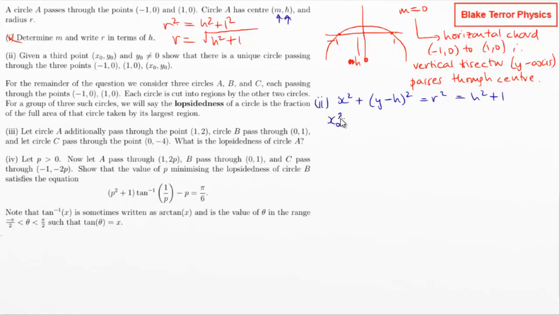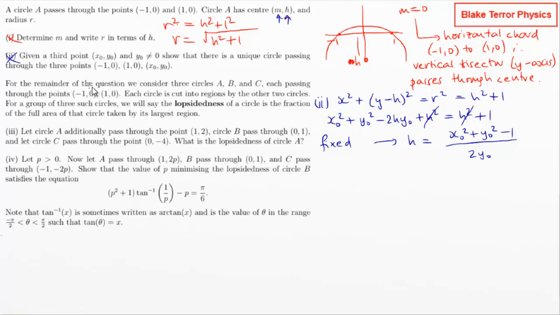So x0 squared plus y0 squared minus 2hy0 plus h squared, so they're going to go away, is h squared plus 1. Cancel those, make this single h the subject, and we're done, aren't we? So h will be equal to x0 squared plus y0 squared minus 1 divided by 2y0. So we have got a fixed h along with our fixed M. That was nice, I like that.